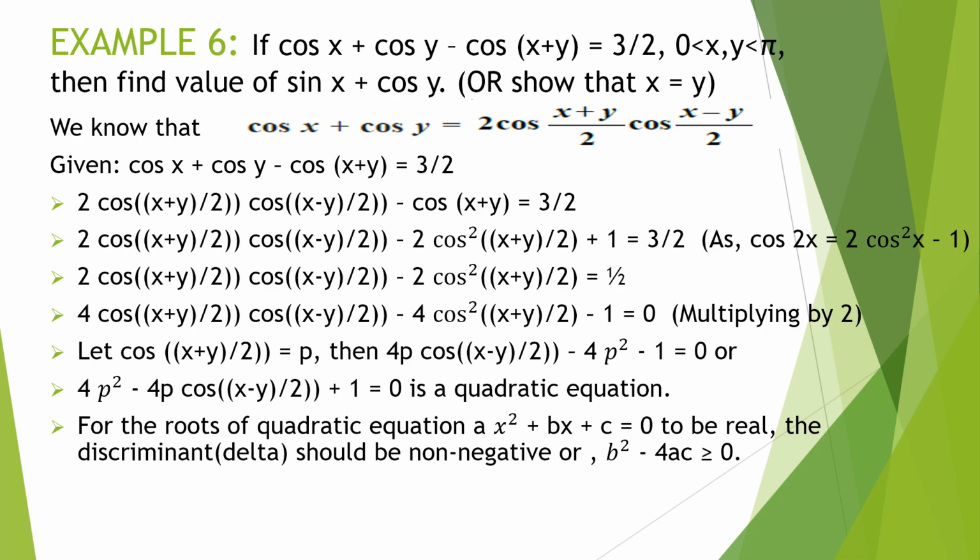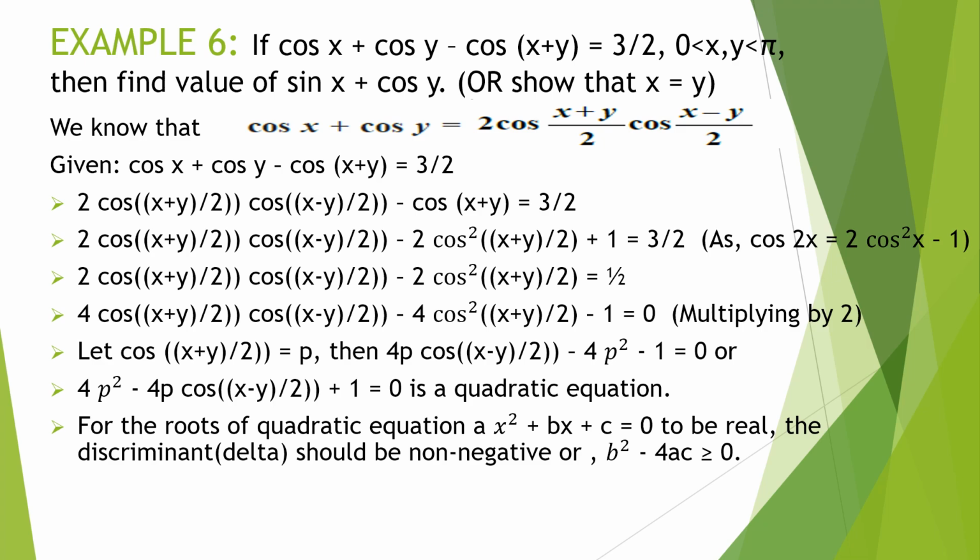Now first of all, remember we have an identity cos plus cos is equal to 2 cos cos. So cos x plus cos y is equal to 2 cos((x plus y) by 2) into cos((x minus y) by 2). Now it is given to us cos x plus cos y minus cos of (x plus y) is 3 by 2. So now for cos x plus cos y, we use the above formula. So we get 2 cos((x plus y) by 2) into cos((x minus y) by 2) minus cos(x plus y) is equal to 3 by 2.